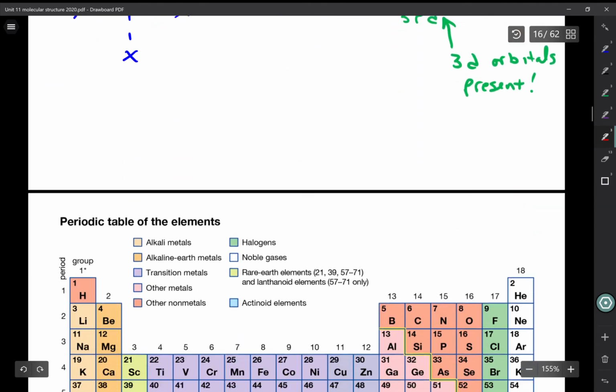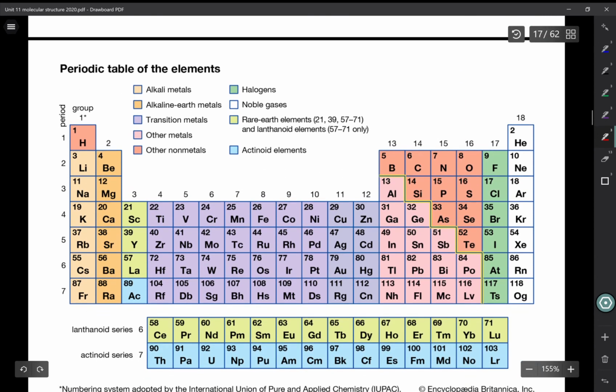If you look at the periodic table, nitrogen, oxygen, fluorine can't go beyond the octet rule because they are in the second energy level. There are no 2d orbitals, so they can't hold those extra electrons.